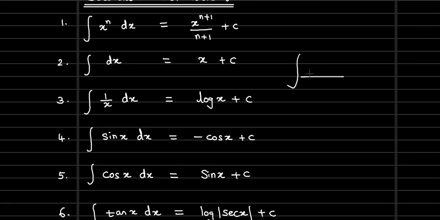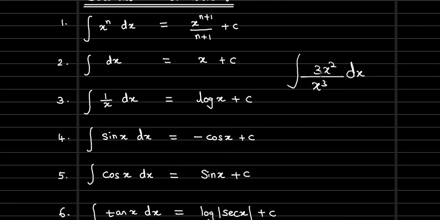So this is a question like integral of 3x square dx over x cube. The derivative of x cube is 3x square dx. As soon as you look at the question, you can see the denominator is x cube and the numerator is its derivative, 3x square.